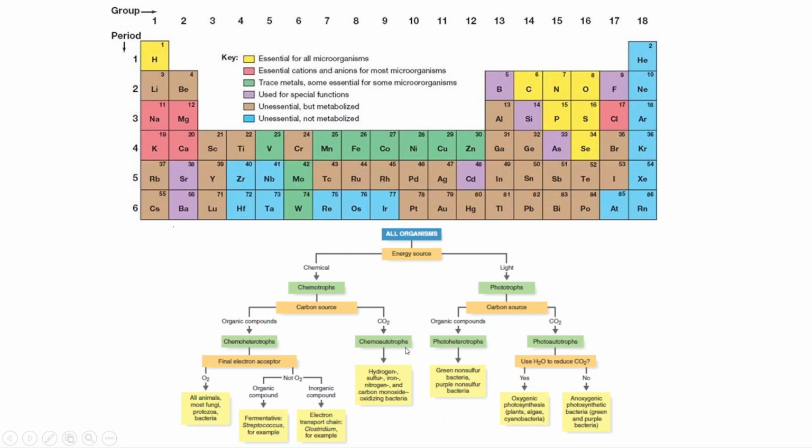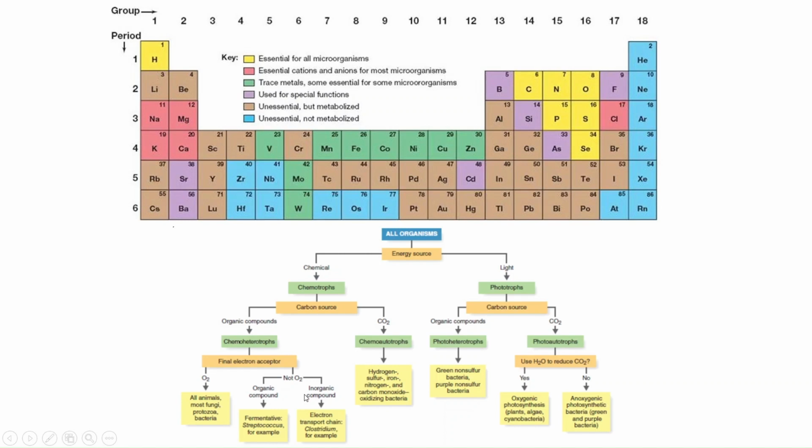If it is an organic compound, it can be fermentative, for example Streptococcus, which produces lactic acid or acetic acid at the end of fermentation. In the case of inorganic compounds, it will again have an electron transport chain maybe, and Clostridium is one example.